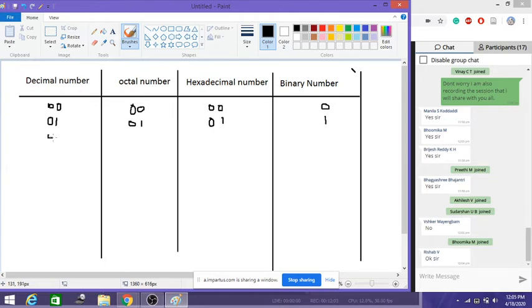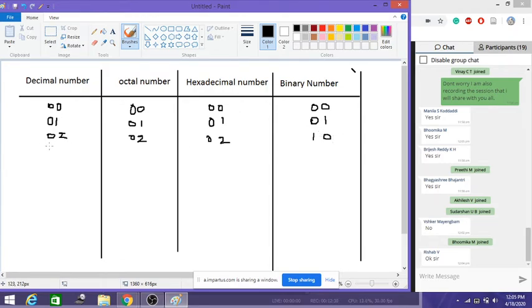Now if I write 0 2, octal is also 0 2, hexadecimal is also 0 2, whereas in binary there are only two digits, 0 and 1, which I have already written. So for that I have to add one more digit. When I add one more digit, I can write 1 0.